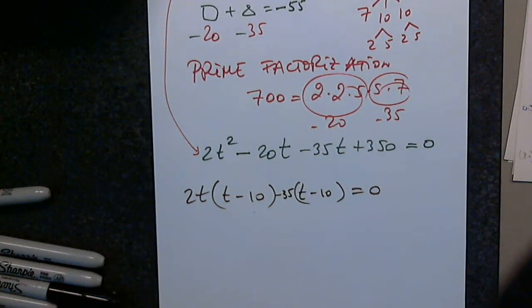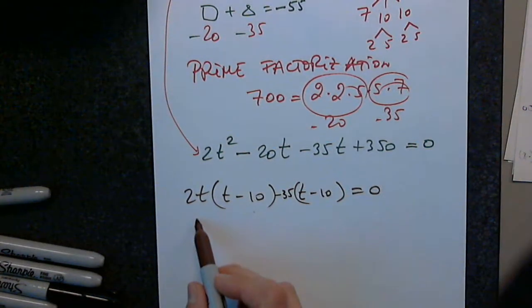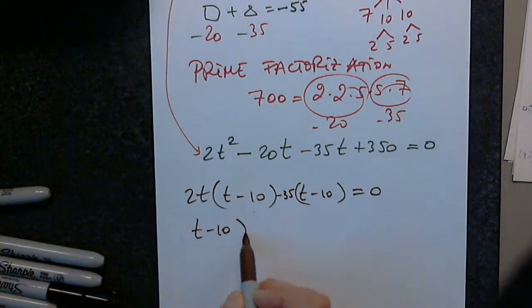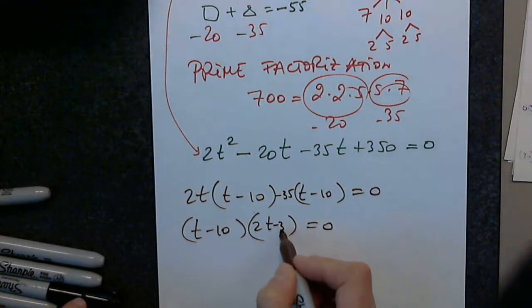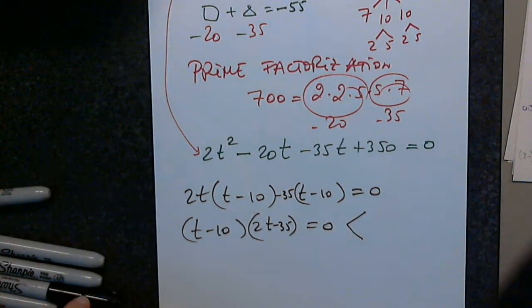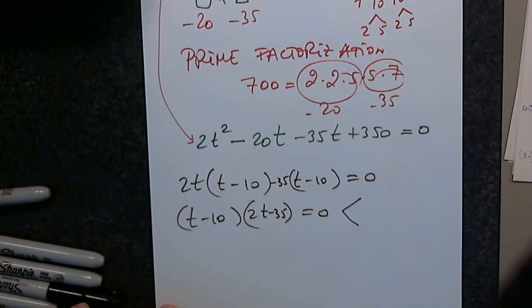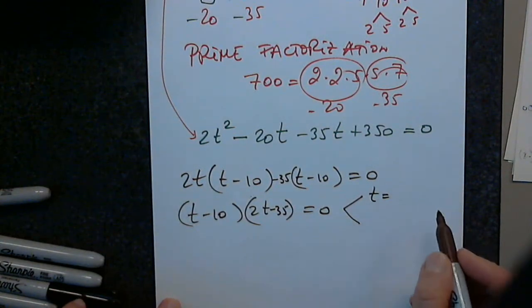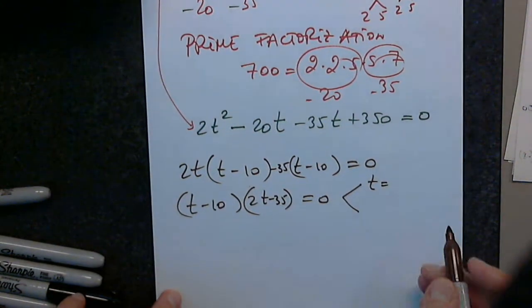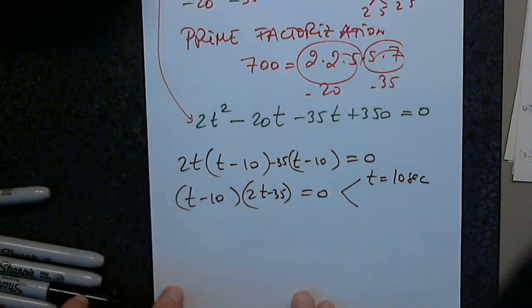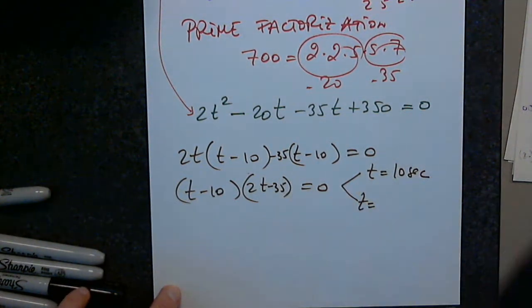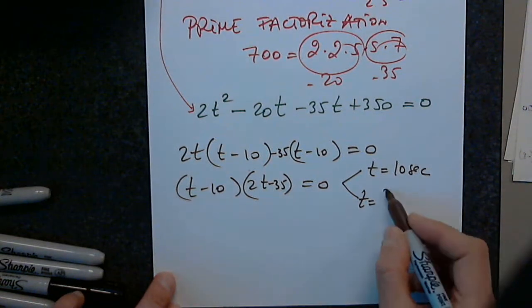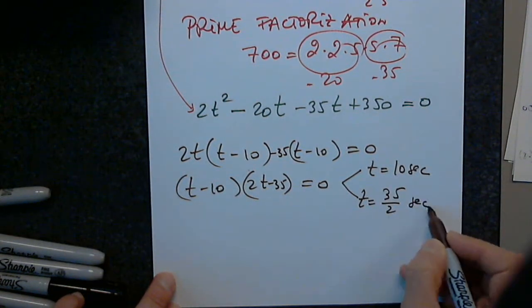Indeed, common factor pulled out. t minus 10 in parentheses, 2t minus 35. How many options will you give? 2. Perfect. t equals 10 seconds, and t equals? I moved negative 35 to the other side, 35 over 2 seconds.